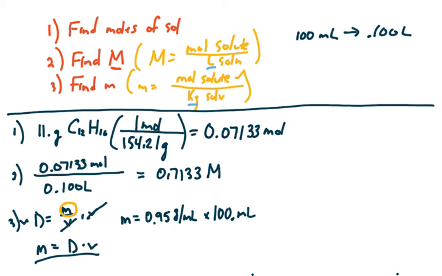So 0.95 times 100 gives me a mass of 95 what? Milliliters cancels, it's 95 grams. Okay? If I'm going to find molality, the units of molality are moles per kilogram, just like the units of molarity are moles per liter of solution. So let's convert this to kilograms.